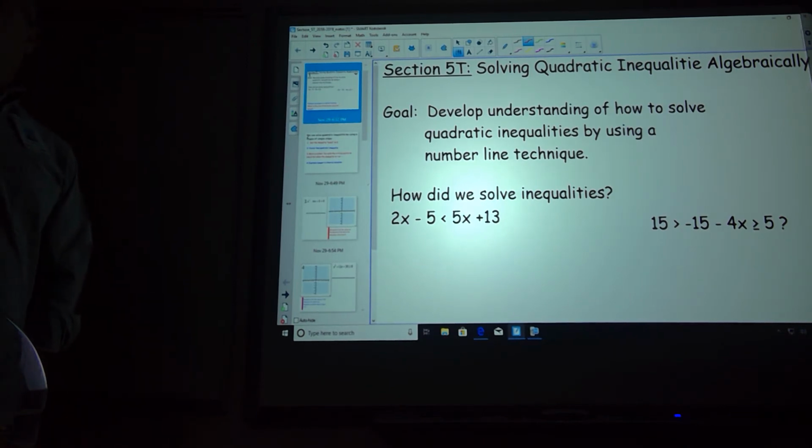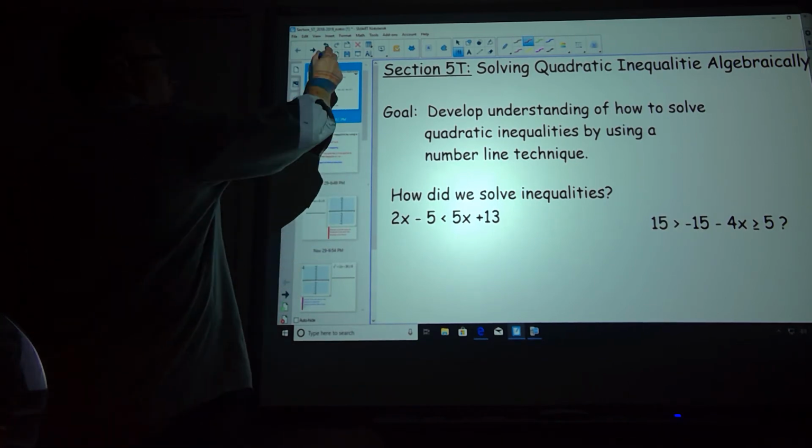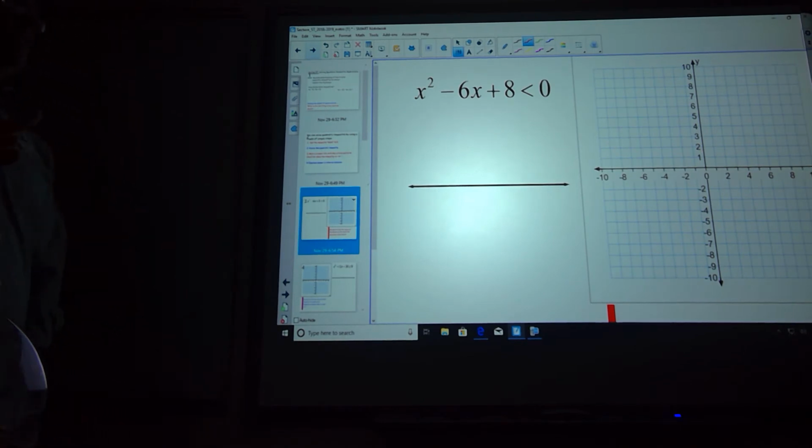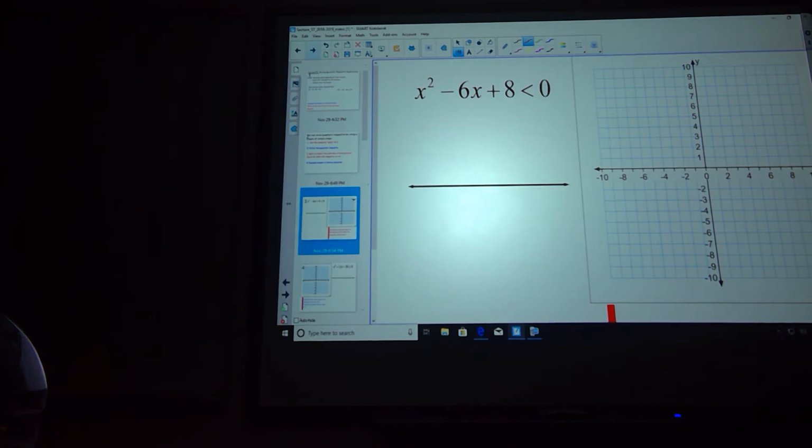you all have done inequalities before, yes? So I'm going to bypass the two linear ones, and we're going to go to this one. Now, this is actually a poorly written problem because there's a value that is missing from our equation that says we don't graph it. Which value am I missing?